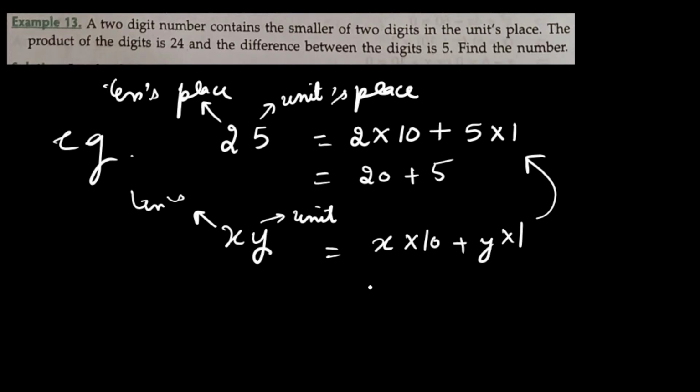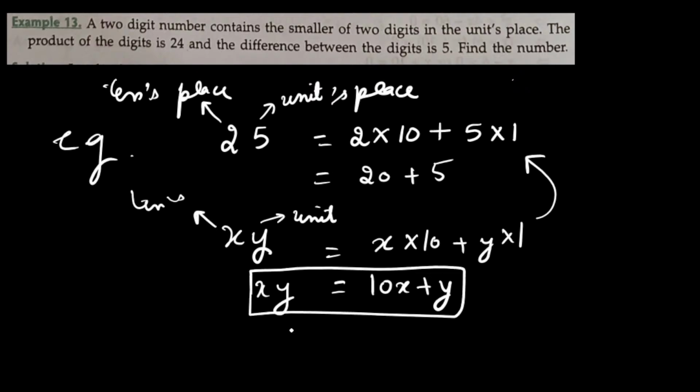Okay. So this we can write as 10x plus y. If I have to write any two digit number xy because a number we have to find, how do you write it? 10x plus y. Because if you write the number in this form, it means x into y.